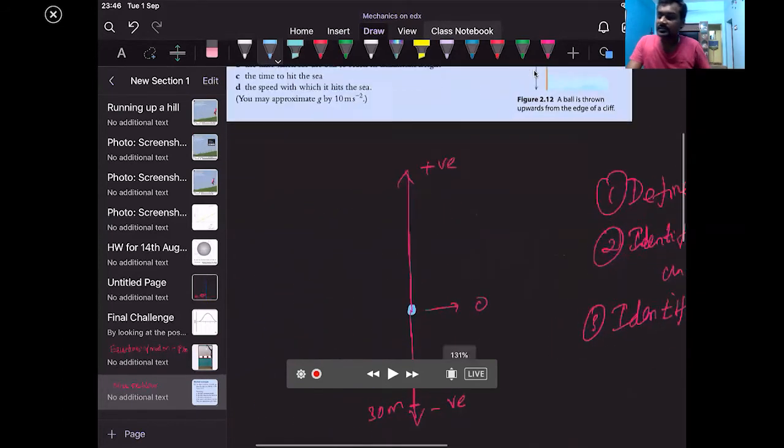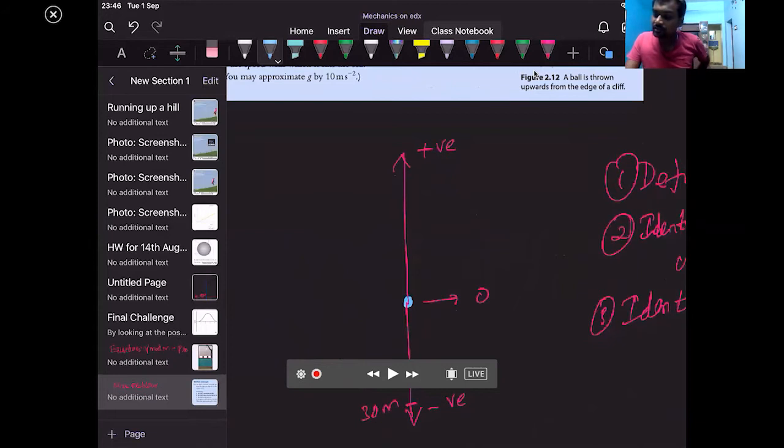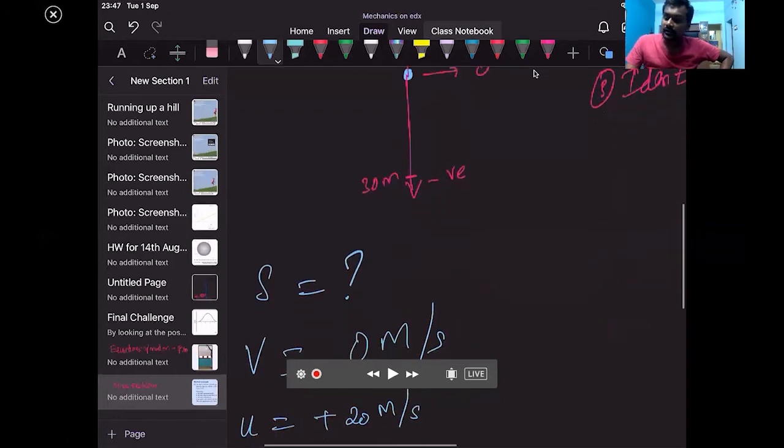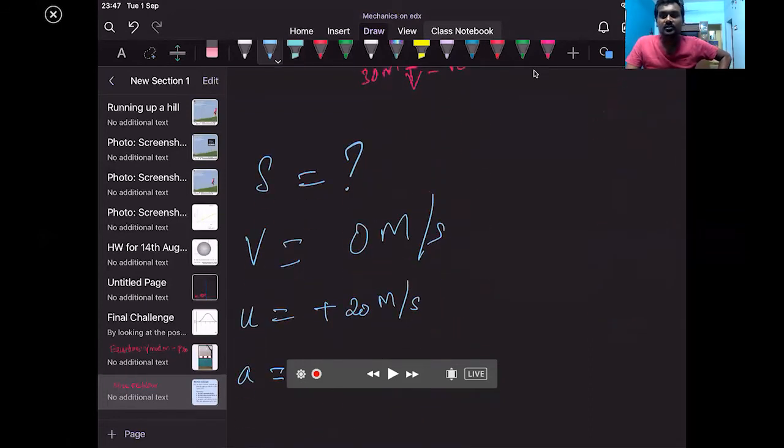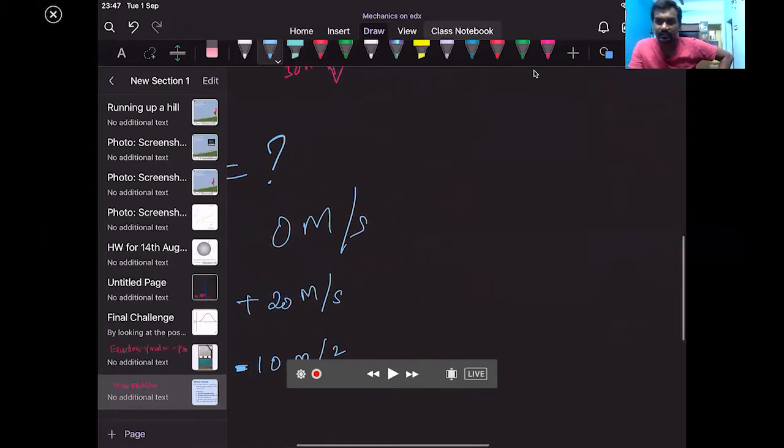Let's understand what it is going to be. If you think about it, when I throw the ball upwards, the velocity should decrease in magnitude. The velocity is positive here, which means if the velocity has to decrease in magnitude, the acceleration should be minus 10 meters per second squared. Or simply put, there's an easy way to identify the sign of acceleration.